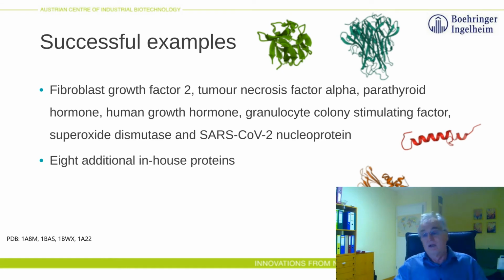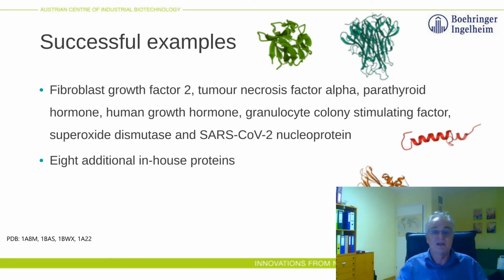So I will pretty soon come to an end. Successful examples of what we have done so far were fibroblast growth factor 2, tumor necrosis factor alpha, parathyroid hormone, human growth hormone, granulocyte colony-stimulating factor, superoxide dismutase, and nowadays everybody is also working on SARS-CoV-2.